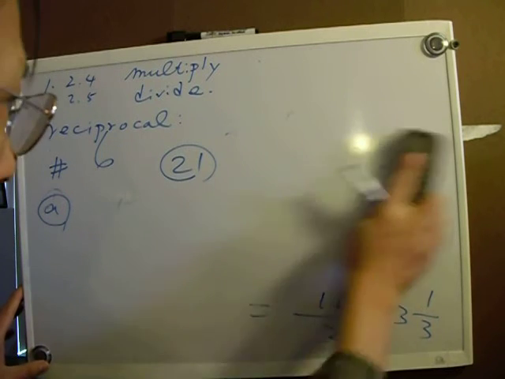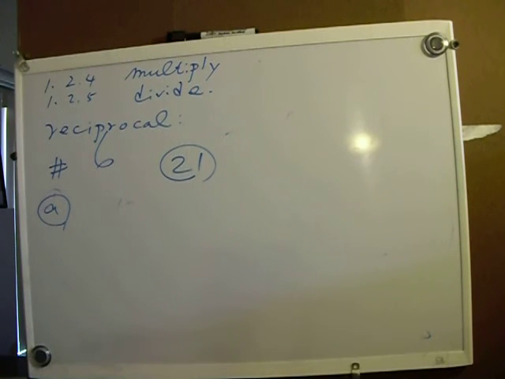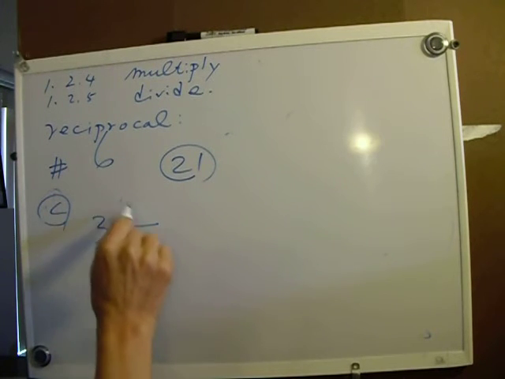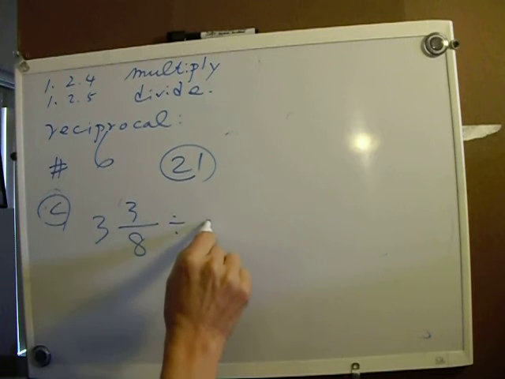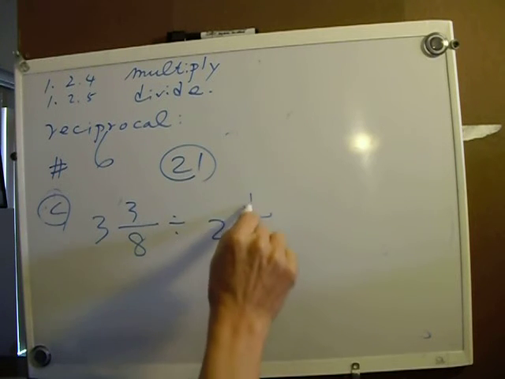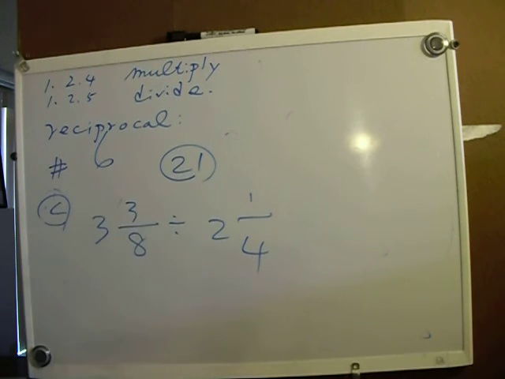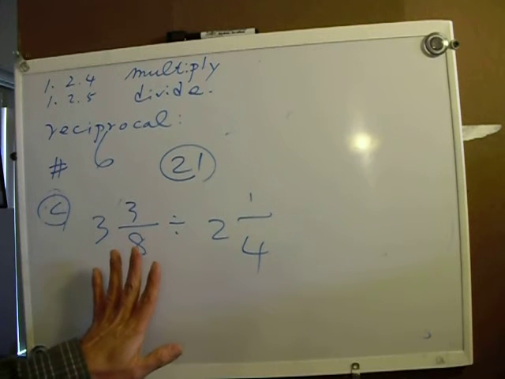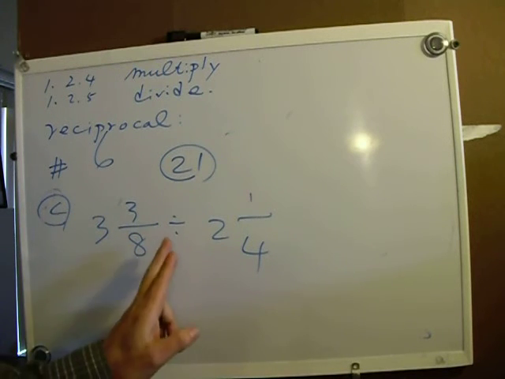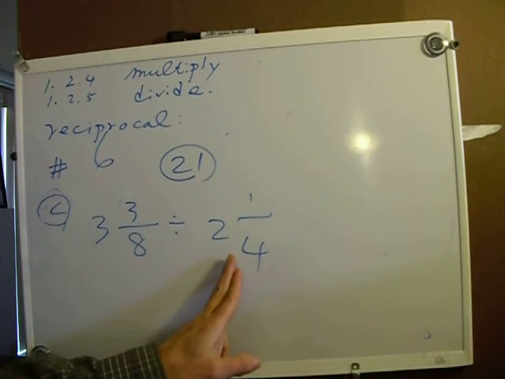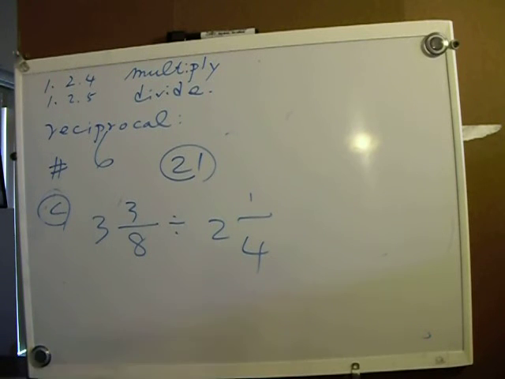Last example, C: 3 and 3/8 divided by 2 and 1/4. How do we do this? The basic principle is just like multiplication. The only difference is you multiply by the reciprocal of the second term.